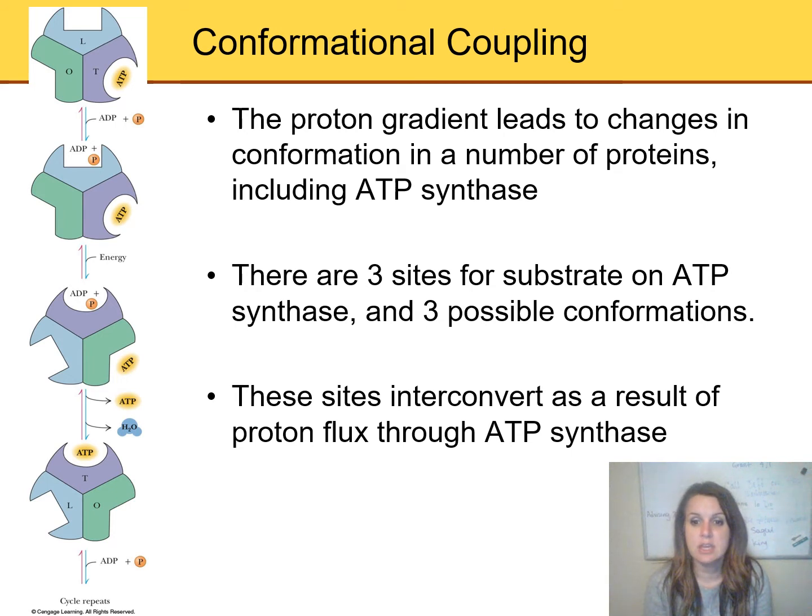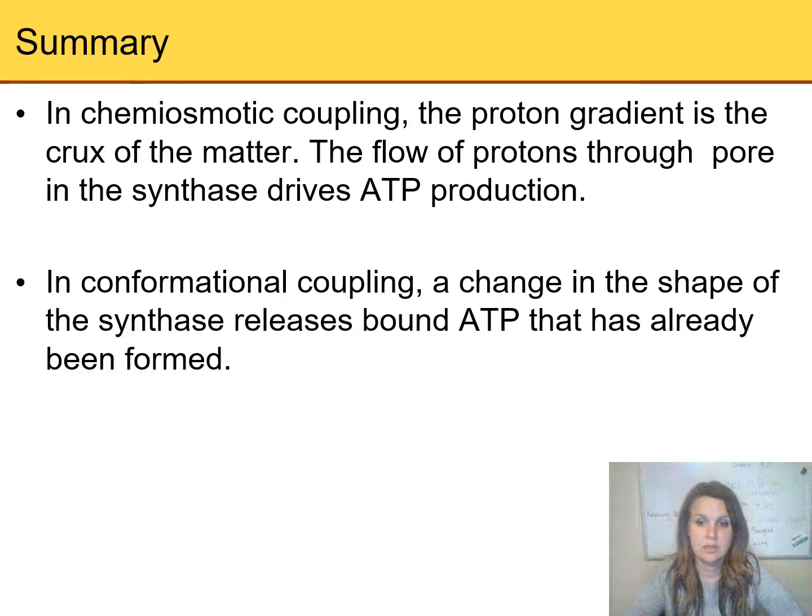And this is what they think is caused by the proton flow that allows ADP to bind to the phosphate and produce ATP. So again, let me encourage you to watch that animation video, because my trying to describe it isn't amazing. But in summary, in chemiosmotic coupling, the proton gradient is the crux of the matter.